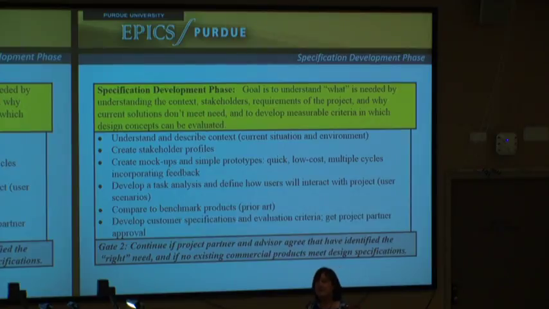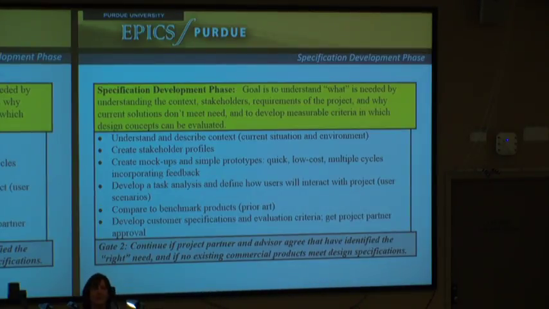There are a lot of things you can do in looking at this, and we'll go through some of them. The other thing you'll be doing is comparing to benchmark products, to see what else is out there. You might get to the end of specifications and find there's actually an affordable commercial product that meets your project partner's needs.